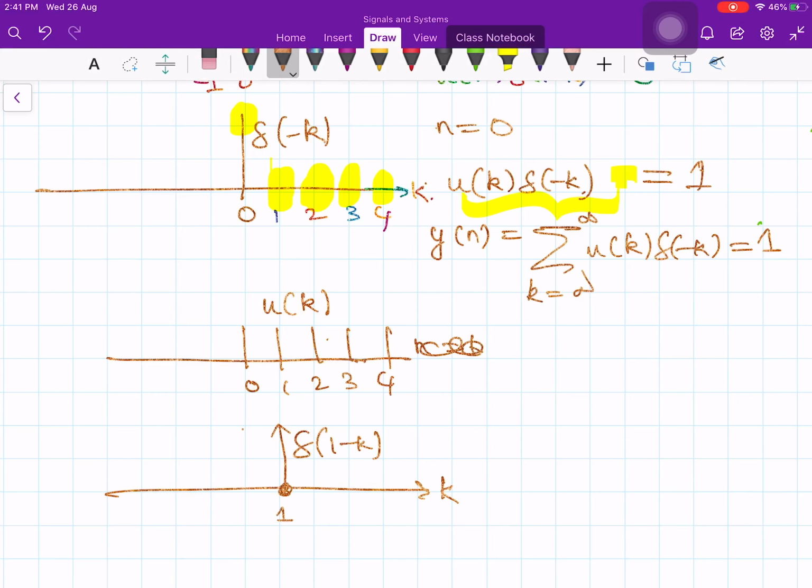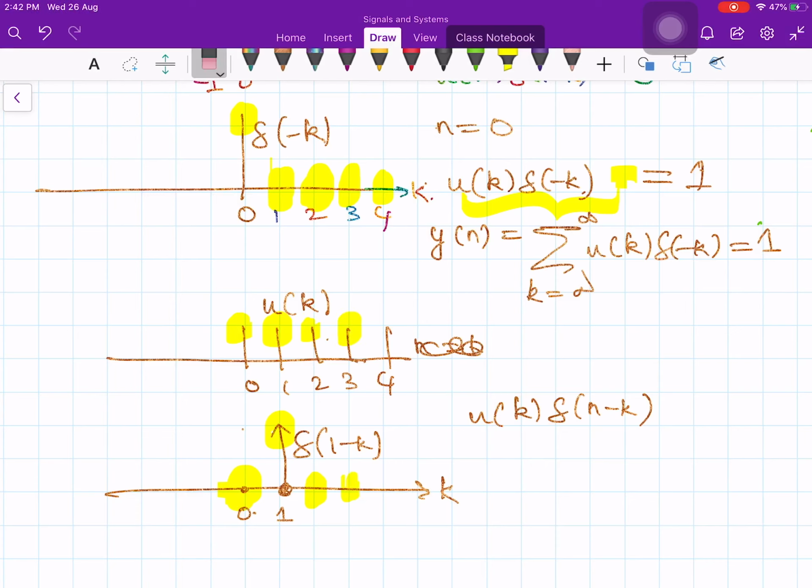Multiply u of k and del of n minus k, term by term you multiply. What will happen? At only one place the multiplication gives non-zero. Here it is 0 and here it is 1, multiplication leads to 0, here it is 1 and here it is 0, likewise. Therefore again this is equal to 1.